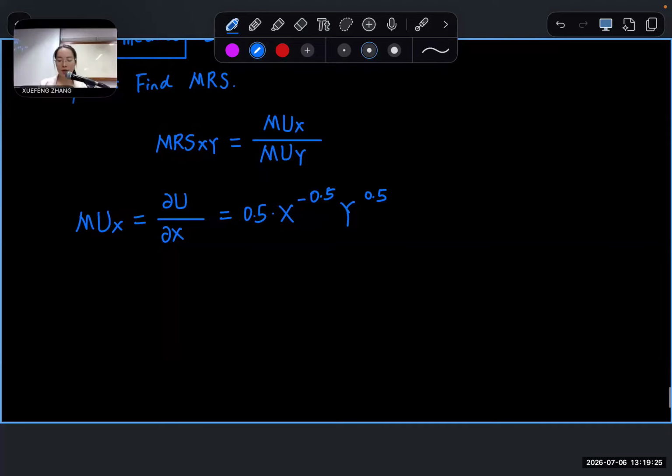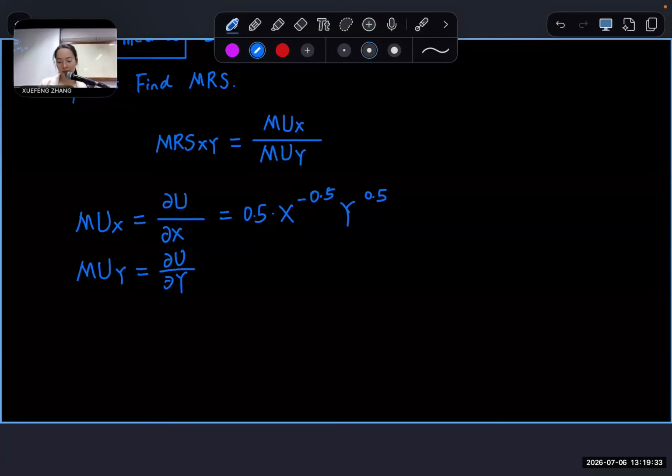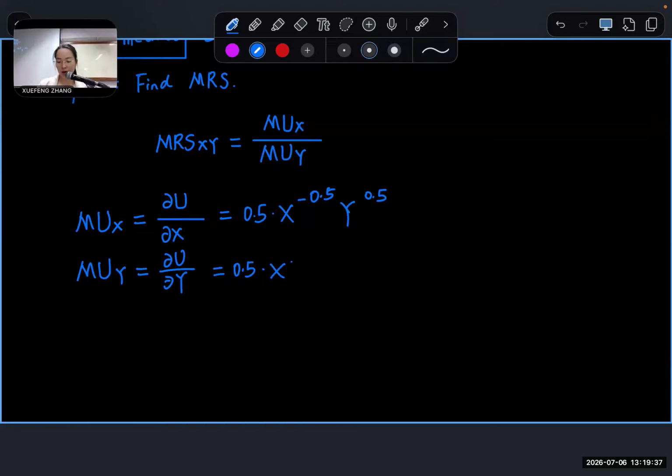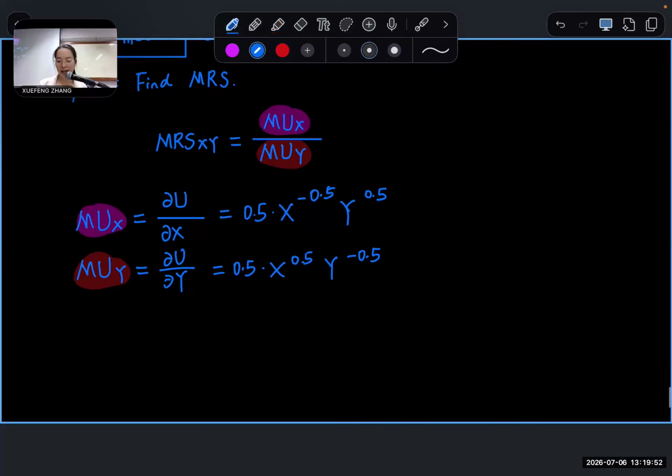This is MUX. And next, what is MUY? The partial derivative of U over Y, which is half times X to the power half, Y to the power negative half. Because I want to find the MRS, I get MUX and then MUY, and then I compare them.